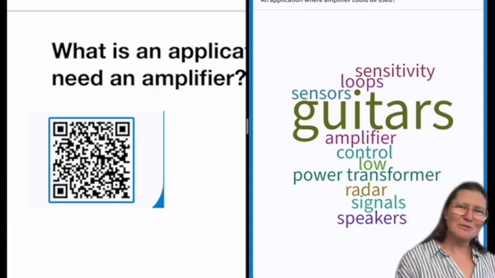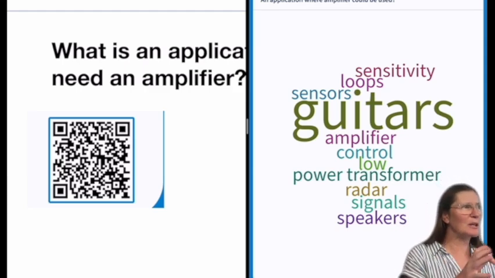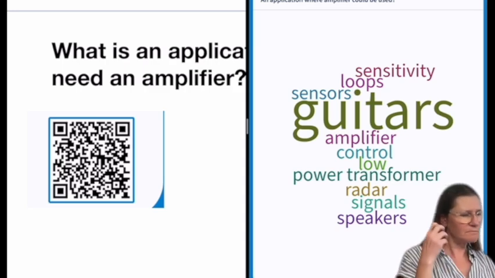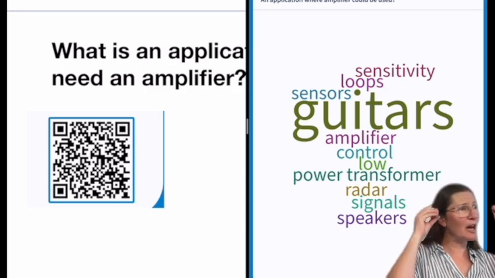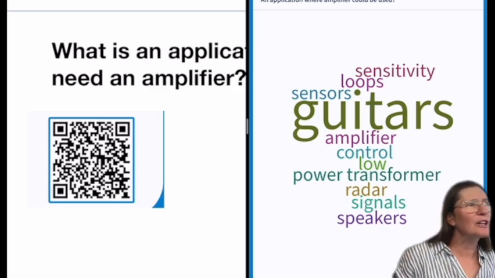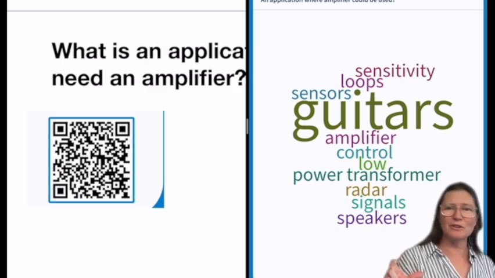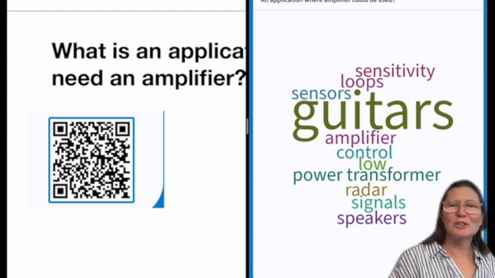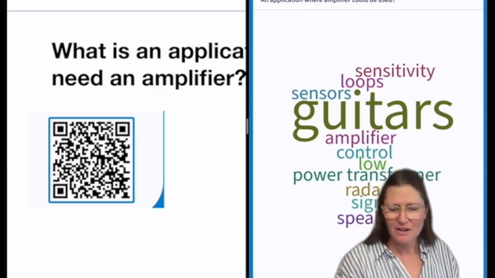Speakers. You have to amplify it before you get to the end of the speaker. Usually they're separate circuitry, but sometimes, like noise canceling headphones, will have some of the amplification going on in the headphone set itself. And so that needs to have some amplification, especially if it's a low input signal with low power. So great ideas. And yes, these are all applications.